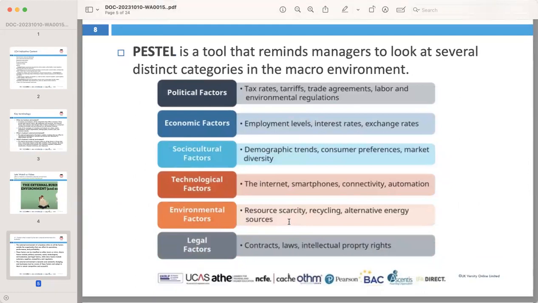PESTEL is a tool that reminds managers to look at several distinct categories in the macro environment. As I already said, PESTEL is a valuable tool that serves as a reminder for managers to consider multiple distinct categories within the macro environment when analyzing the external factors that affect their businesses.